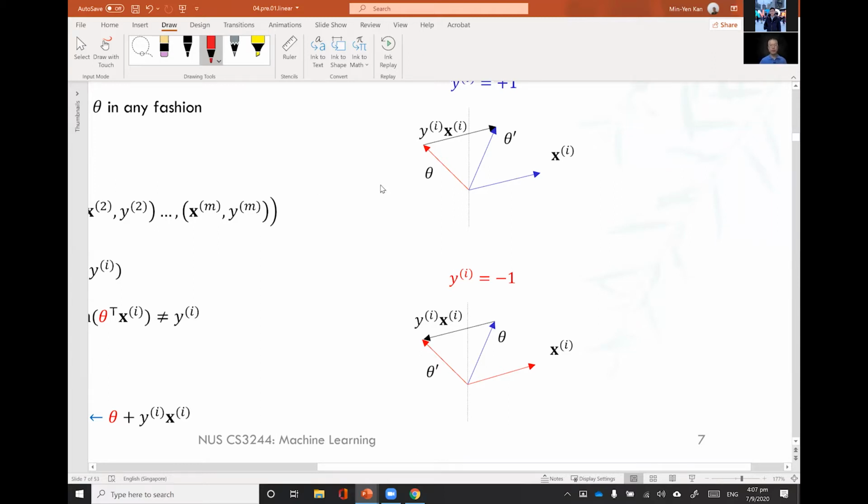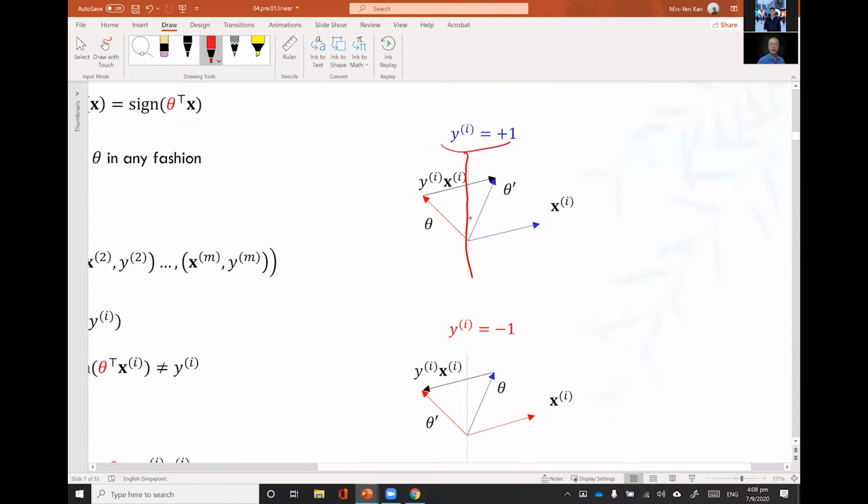For example, let's say our hyperplane is right down the middle here, and we have a vector that lands on this side. It's a positive instance, but it's classified incorrectly. When we take our theta and multiply it by this, we end up somewhere over here, in the wrong category.